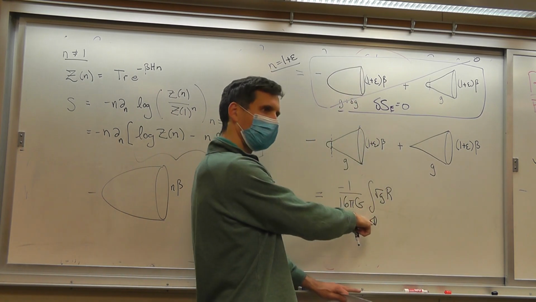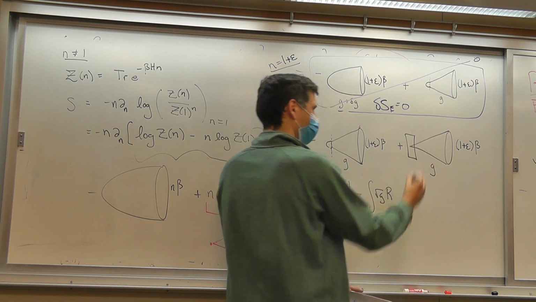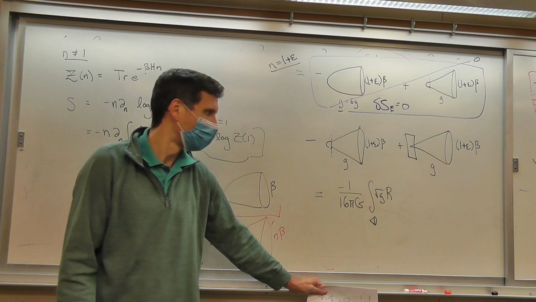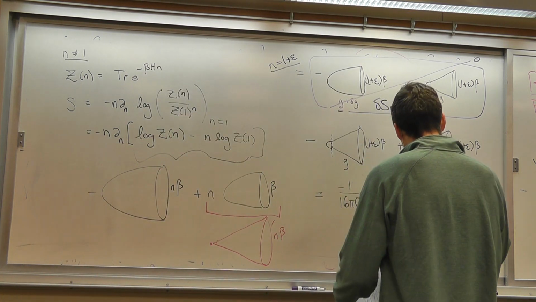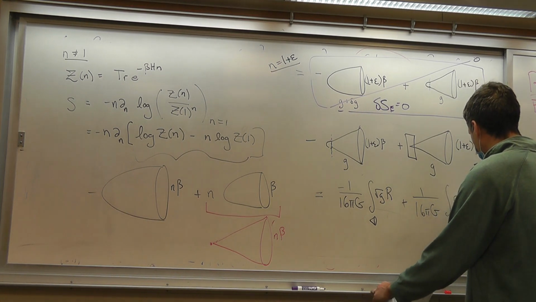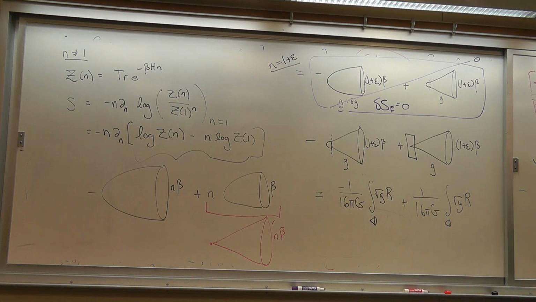Okay, this little cone is just supposed to mean this part of that metric, plus 1 over 16 pi G times integral root g R for the rounded tip, which is the off-shell solution that we're using to regulate.